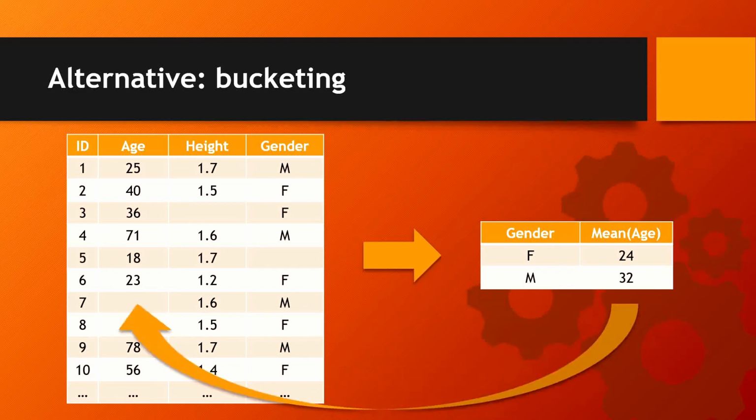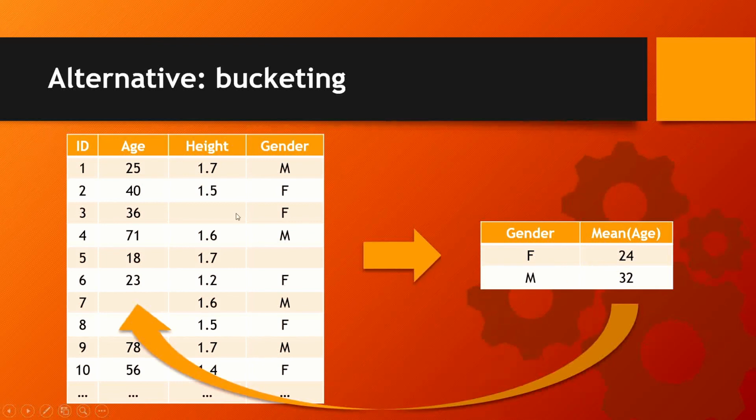Then for the missing values in the age column, I look at the corresponding gender of that value and impute that missing value with the mean age obtained for that particular category. Just try to understand what is happening here. For all the males in the population, I got the mean age to be 32. Now I see that in the 7th observation, the gender is male, so I impute this missing value with 32. If this was a female, I would have imputed this with 24.